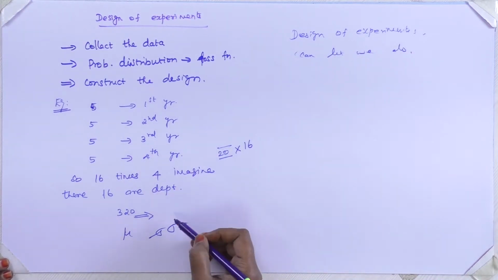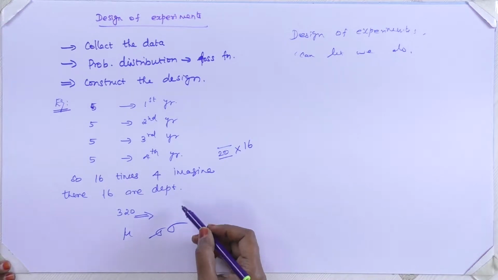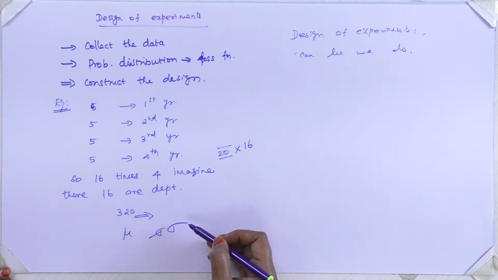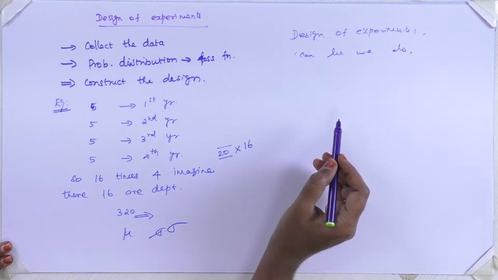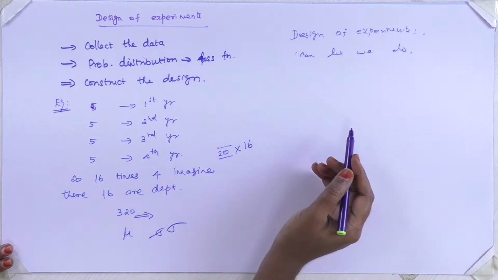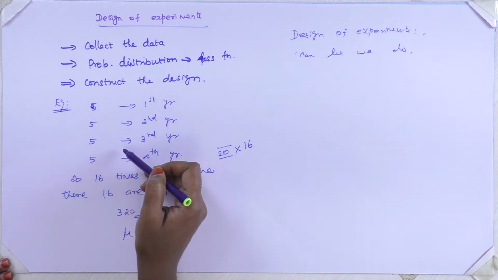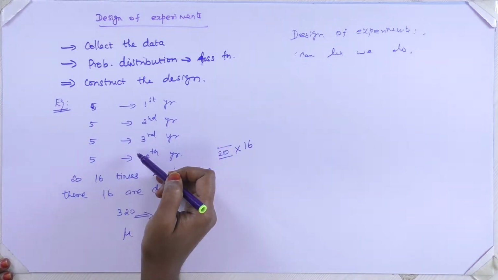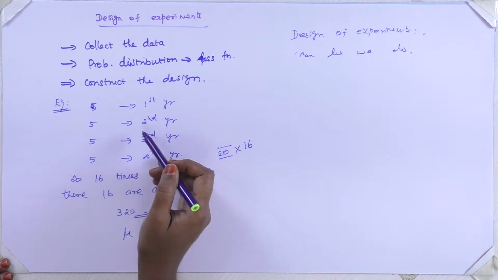From collecting this information, this methodology is called the design of experiments. The design of experiment is the collection of attributes. In our example, it is the department, gender, and year.